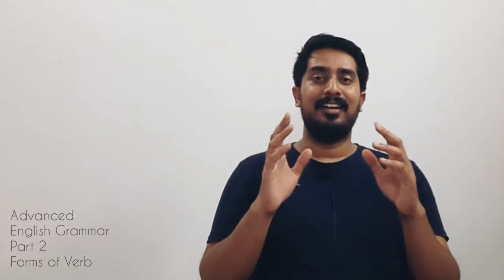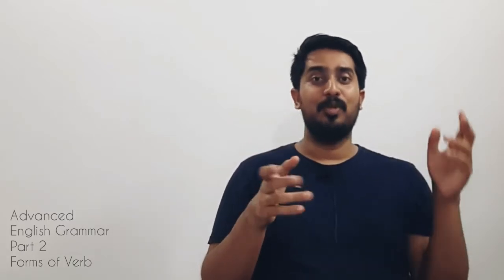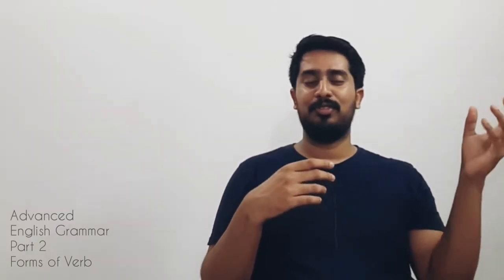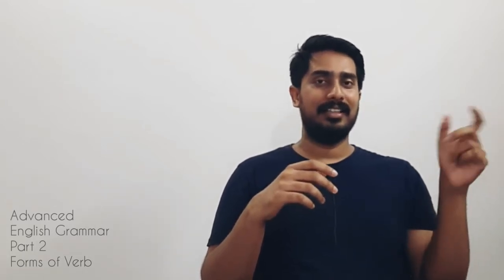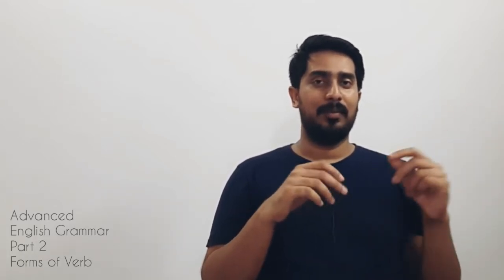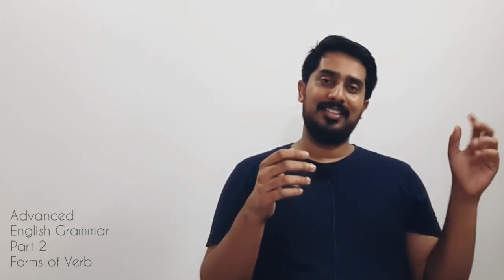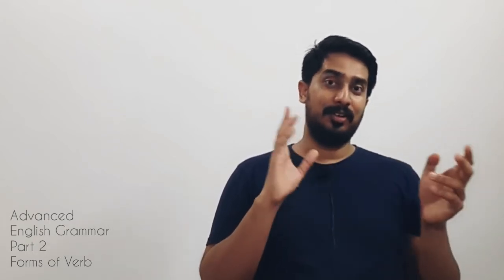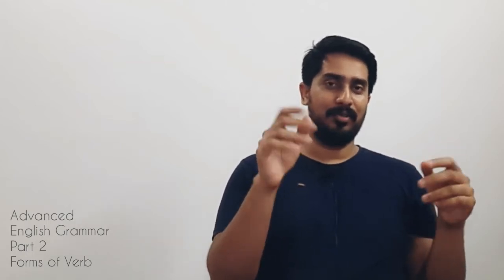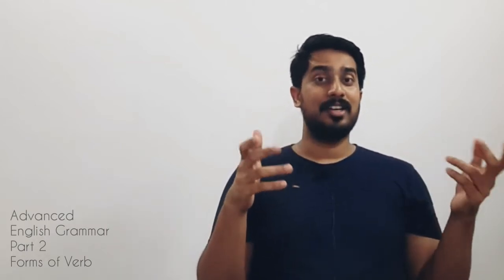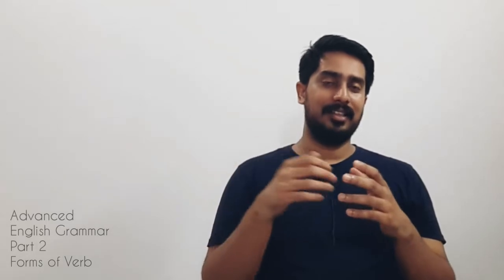That is, Ramu runs, Ramu will run. Again, the form of the verb used along with will is again the present form of the verb. She will cry. So will plus the present form of the verb is used there. So the first form of the verb, present form of the verb, is actually used in future tenses also, not just in the present tense.